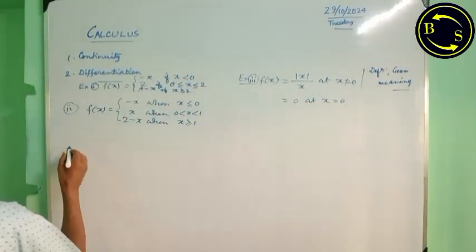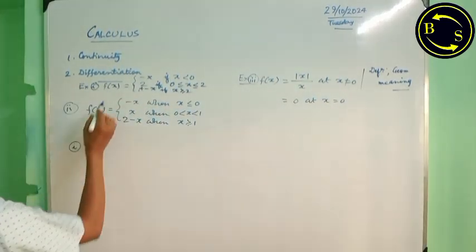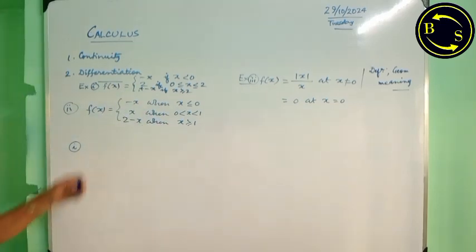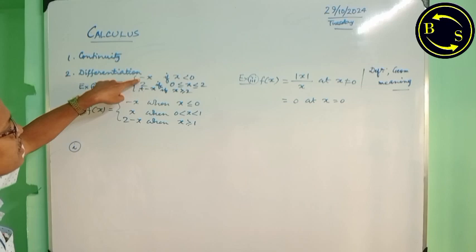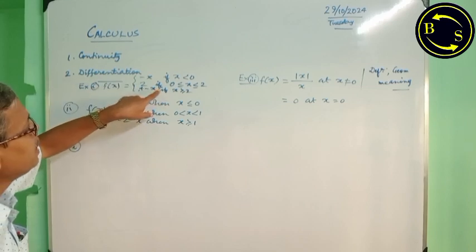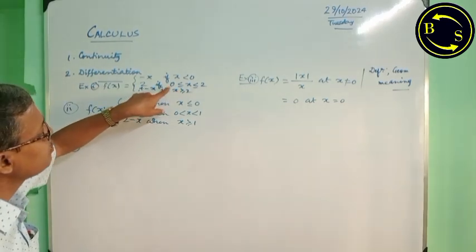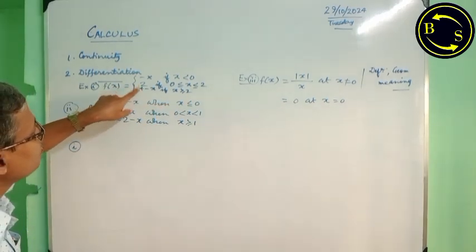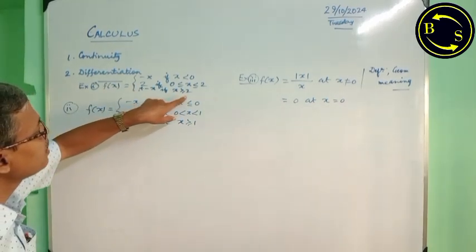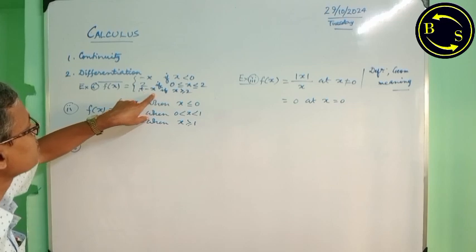Number 1, f(x) is given: when x less than 0, value of f(x) is minus x. When x lies in between 0 and 2 along with the extreme values, value is 2, and when x is greater than or equal to 2, value is 4 minus x.